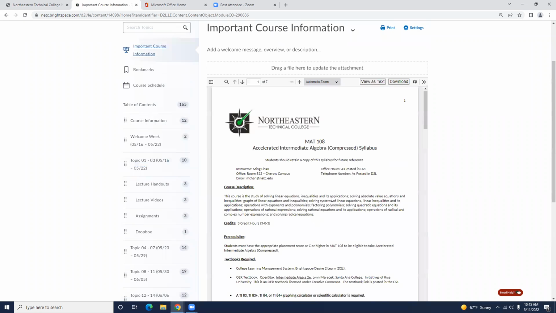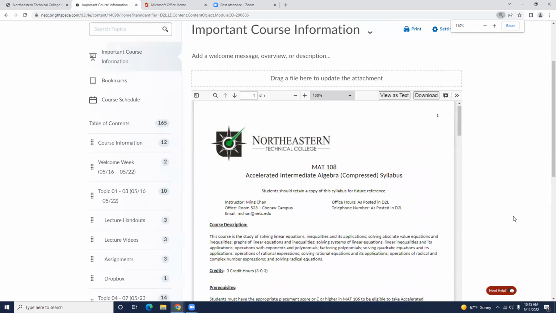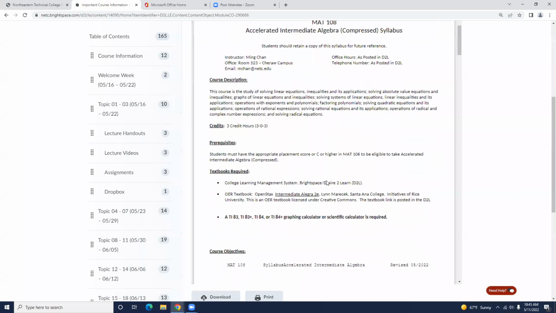Let's go over the syllabus. So this class is actually intermediate algebra. What's required for this class is using D2L. Your textbook, I'll show you what the textbook is on the course information. You will not need to purchase anything for this class. I prefer you to have a graphing calculator.